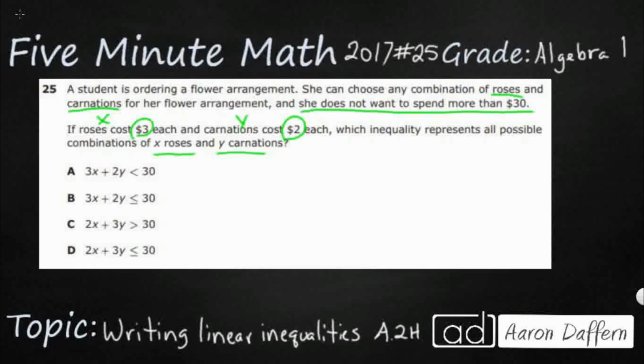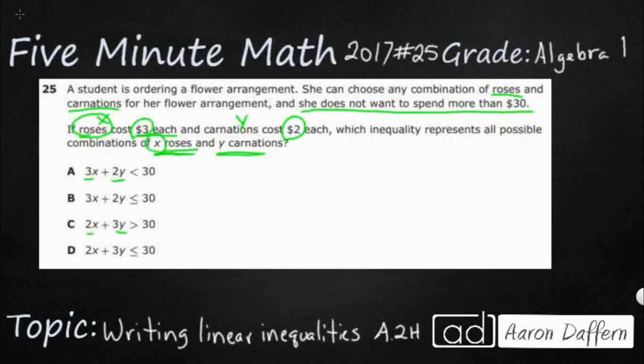All right, so first thing we need to do is assign the correct coefficients to the correct variables. And you notice here, our two options seem to be 3x and 2y or 2x and 3y. Well, that makes sense because we've got the x's, we've got the y's, we've got the 3 and the 2. Well, what I just underlined in the problem itself is going to kind of give us our idea here. So, roses, $3 each, X roses.